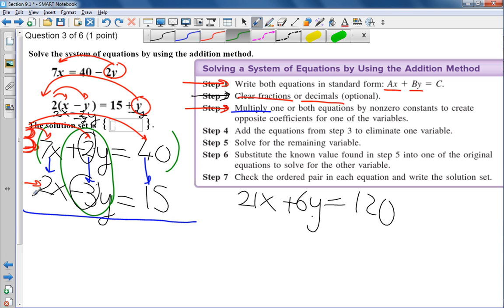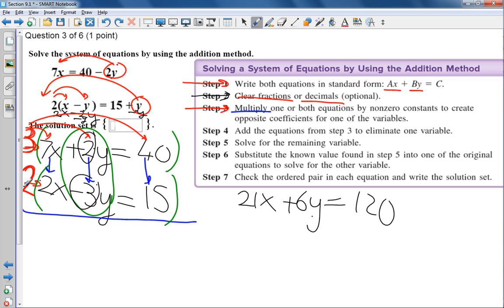So I take another parenthesis for this guy and I'll put 2 this time. And this 2 goes into all 3 spots. 4x, minus 6y, 30.